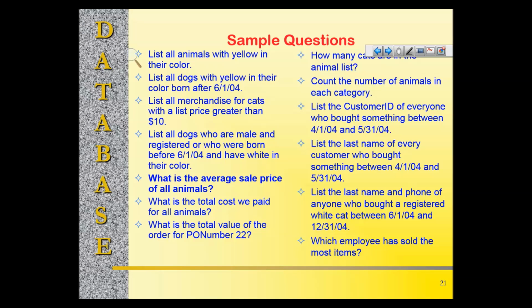What is the average sale price of all animals? You can discuss it with your neighbor to decide which table it is from, what the output is, and what the constraints are. That's the question we have.